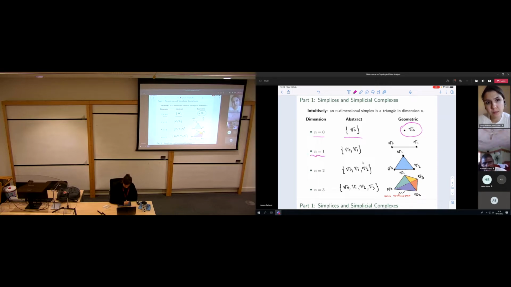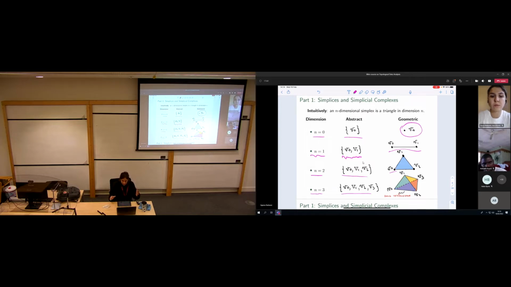In dimension 1, a 1 simplex is going to be determined as a set of 2 elements, or geometrically as a segment with 2 vertices. Dimension 2 we already know, we have 3 points and a triangle. In dimension 3 we have 4 points and a solid tetrahedron.